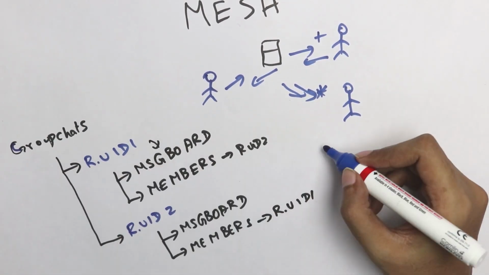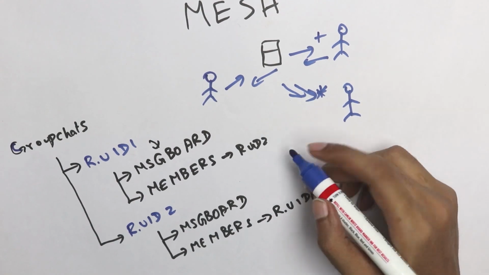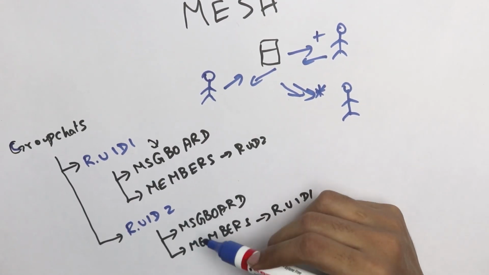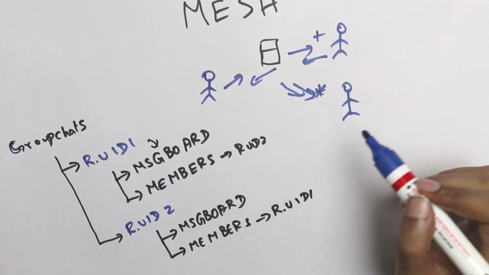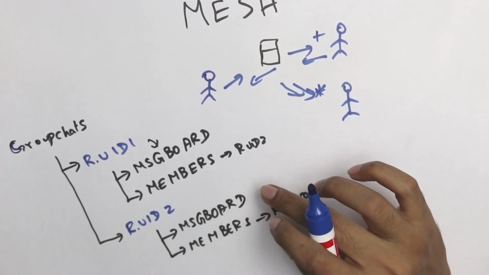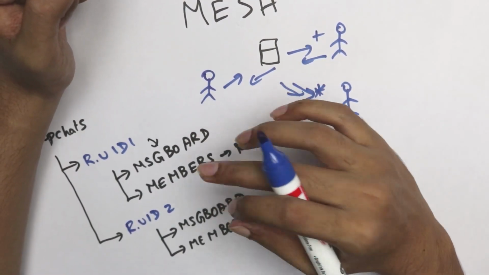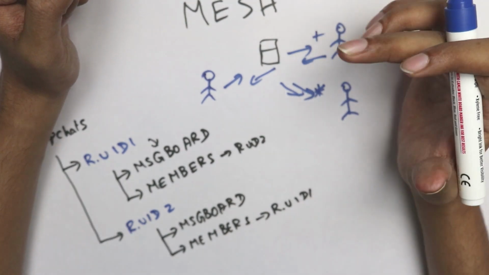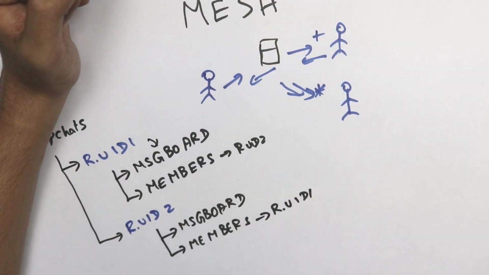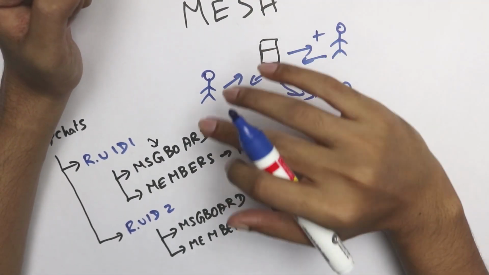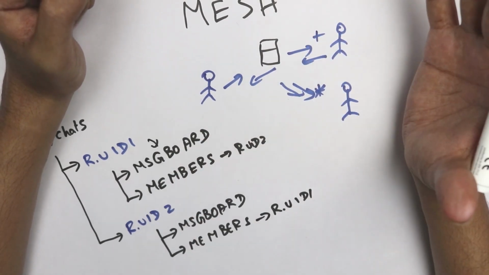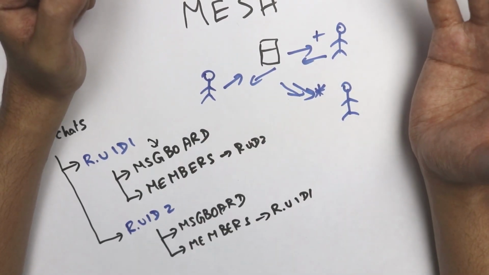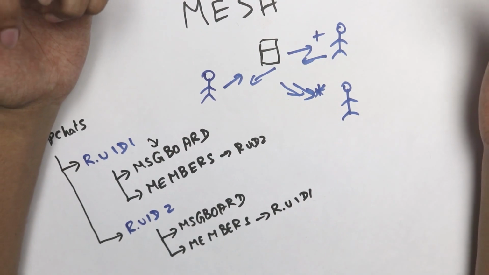All you have to do is firebase.database.ref.child this UID .child message board .push that new message. Both of these guys can see the same message since it is available in both their message boards, which in turn means that it's group chat.